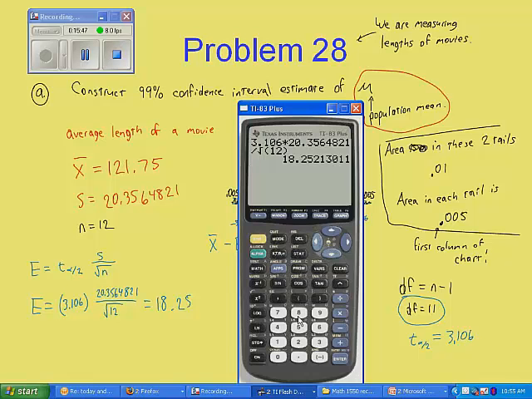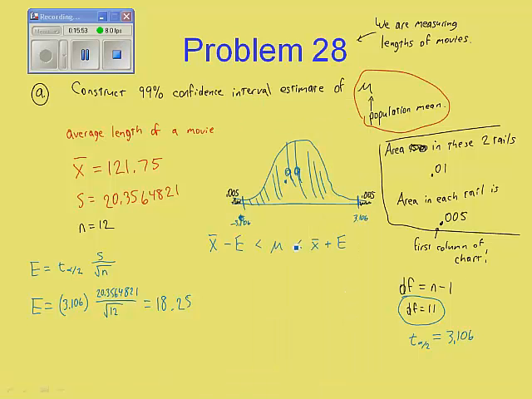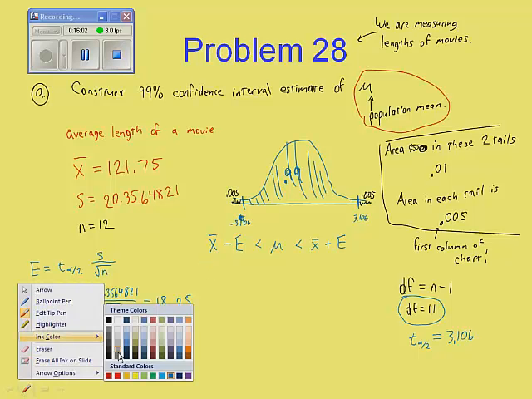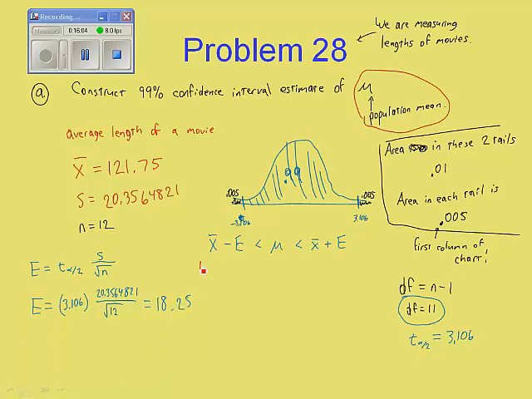That okay? Okay. So now I'm ready for the confidence interval. We know x bar. Let me do it in red because I had those stats out before. So it's 121.75 minus the 18.25.